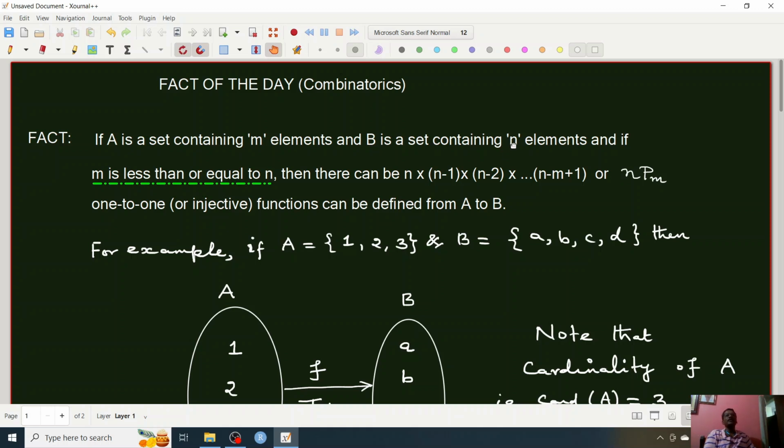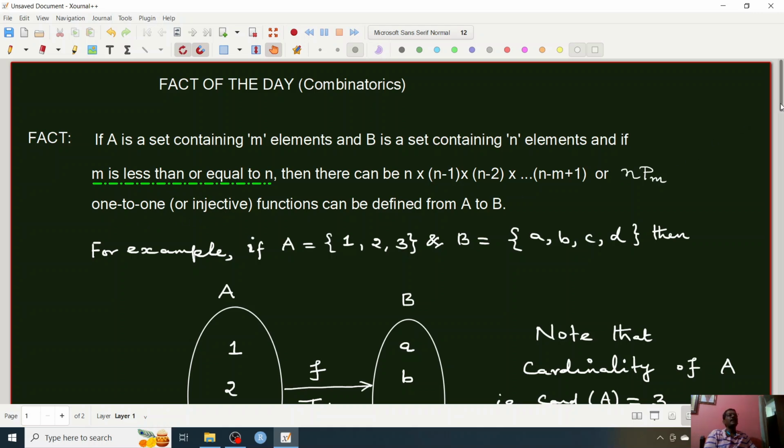The point to be noted is, the cardinality of the set A is m and the cardinality of the set B is n, and the relation between the cardinalities of A and B is given by m is less than or equal to n. So this condition is a must for functions to be of injective nature.